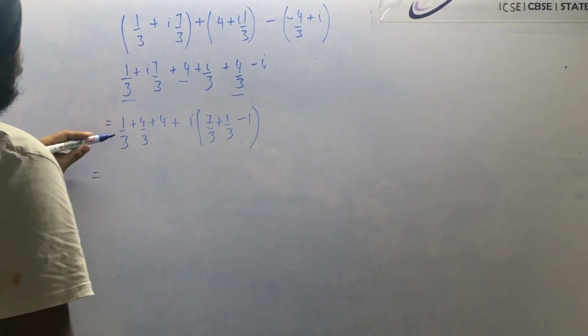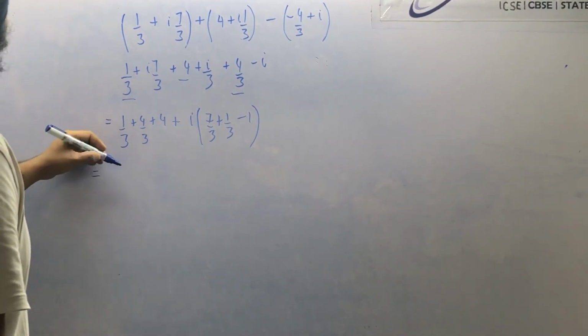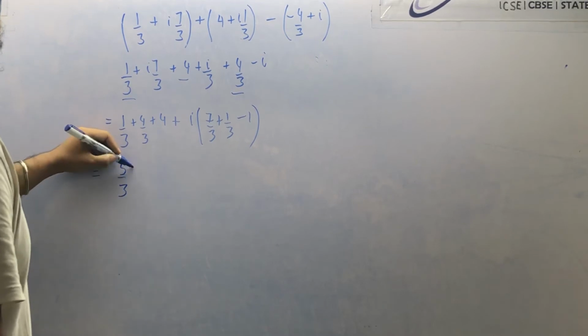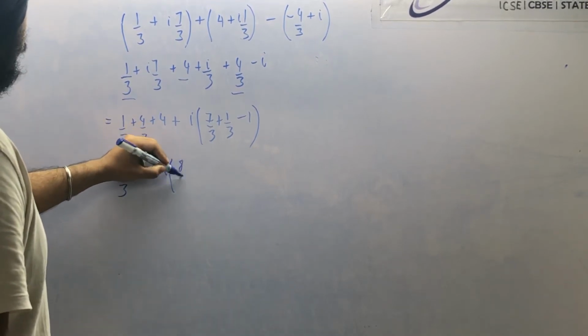So 4 by 3 plus 5, 1 by 3 is 5 by 3 plus 4 plus iota into 8 by 3.